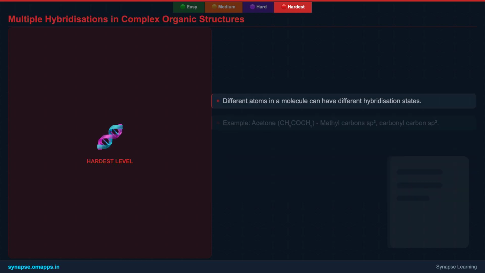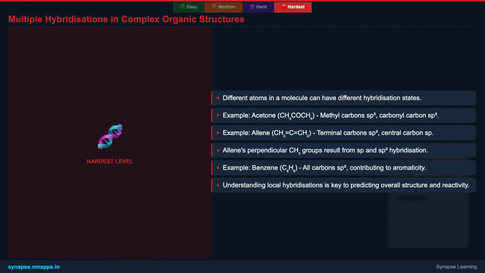In complex organic structures, you'll often encounter multiple hybridization states within a single molecule, leading to fascinating geometries and properties. Take allene, CH₂=C=CH₂, for example. The two terminal carbons are sp² hybridized because each forms two C-H sigma bonds and one C=C double bond, which counts as one sigma bond, totaling 3 sigma bonds with no lone pairs.